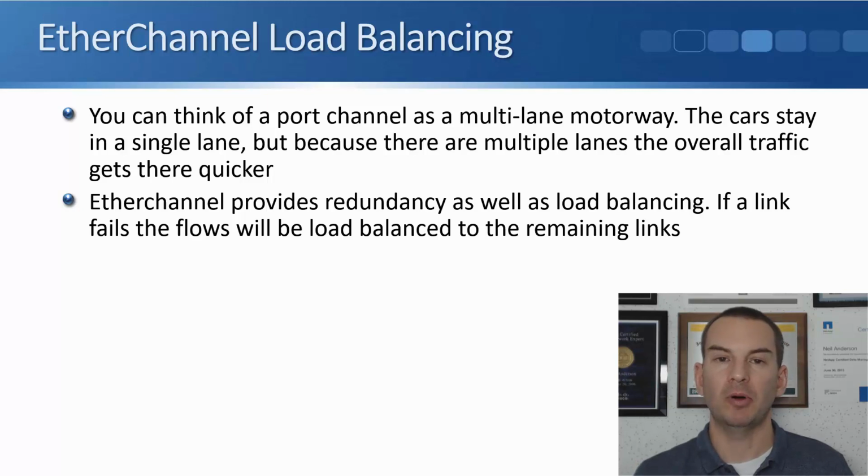So you can think of a port channel as a multi-lane motorway. The cars always stay in their own lane, but because there's multiple lanes, the overall traffic gets there quicker. Obviously, in our example, if we only had 1 uplink rather than 4, we wouldn't have so much overall bandwidth available between the switches.